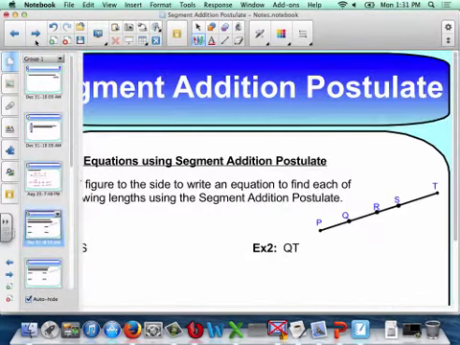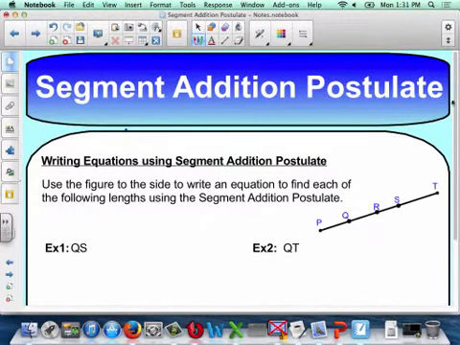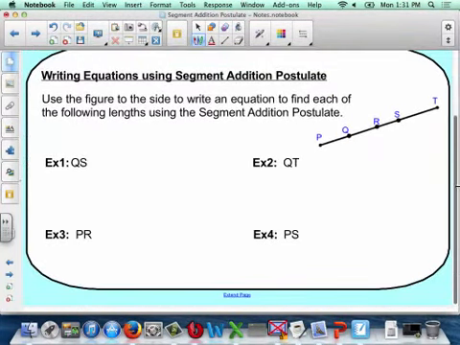So, move on to the next one here. We're going to practice writing out a geometric equation. So we look at QT, or QS. How can I write QS using the segment addition postulate? Who wants to try that? Think about the parts. Okay, Brandon? Are we just doing Q to S?